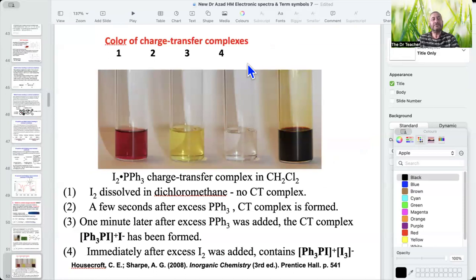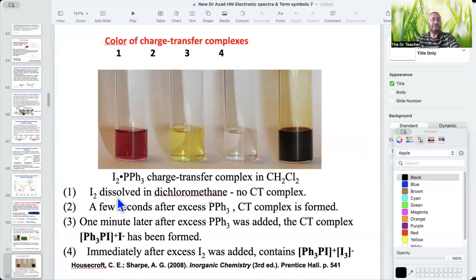And here, color charge transfer complexes, where you have different colors, each color associated with a different halogen. Anyway, so you have iodine, PPh3 charge transfer complex in dichloromethane.